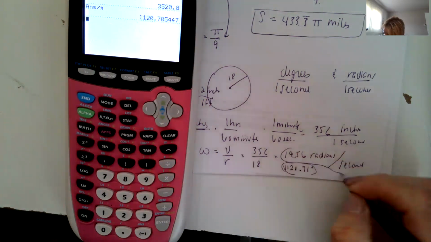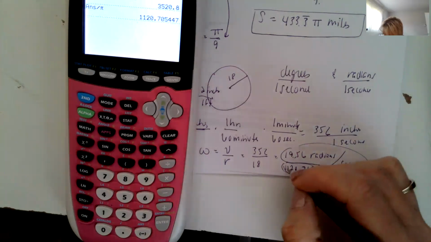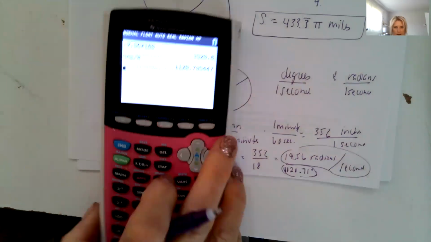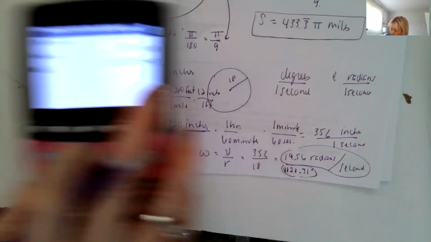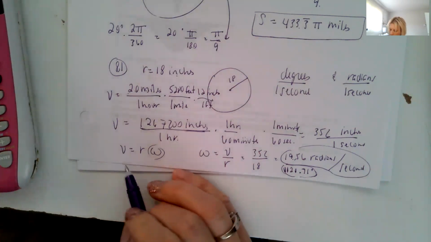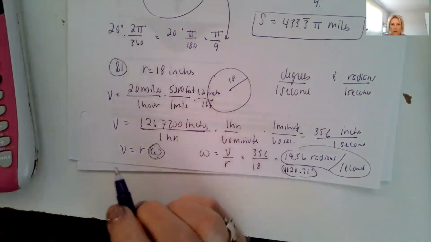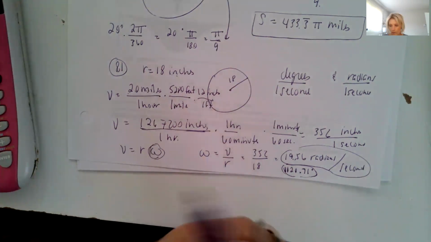So here's our radians and here's our degrees. We had to use our linear speed to get to our angular speed. And make sure you have units to units. That's important.